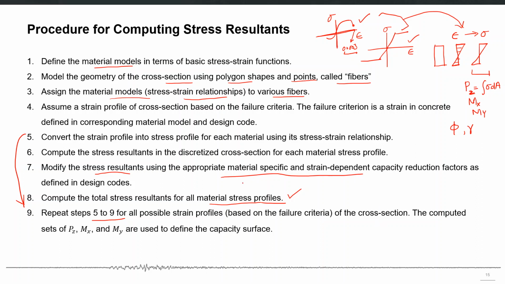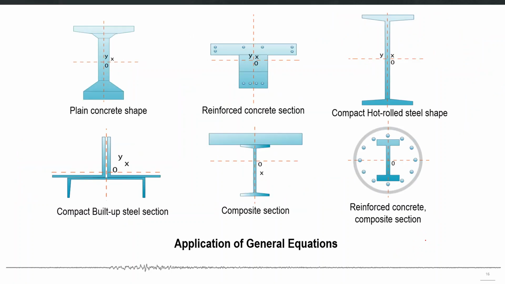So basically you start with one strain profile corresponding to the failure criteria, and then you try all possible strain profiles and repeat this process to get enough points on the capacity surface that you can plot it finally. So you will have a whole set of Pz values, Mx values and My values. You can plot these values and get the capacity surface. We will see that in a moment.